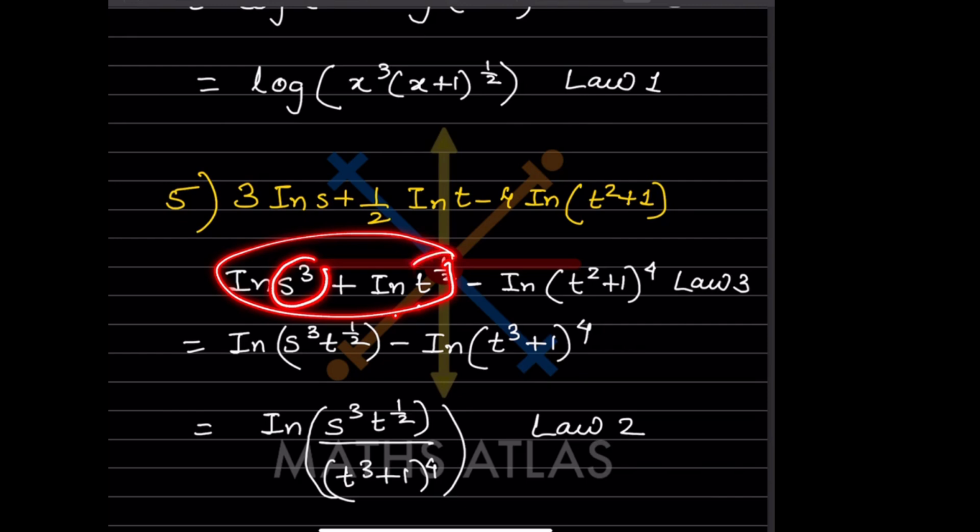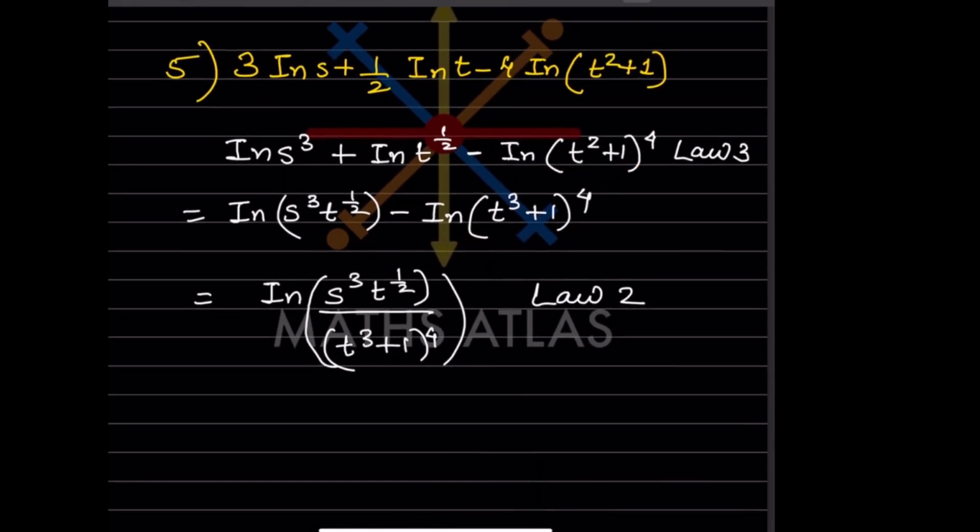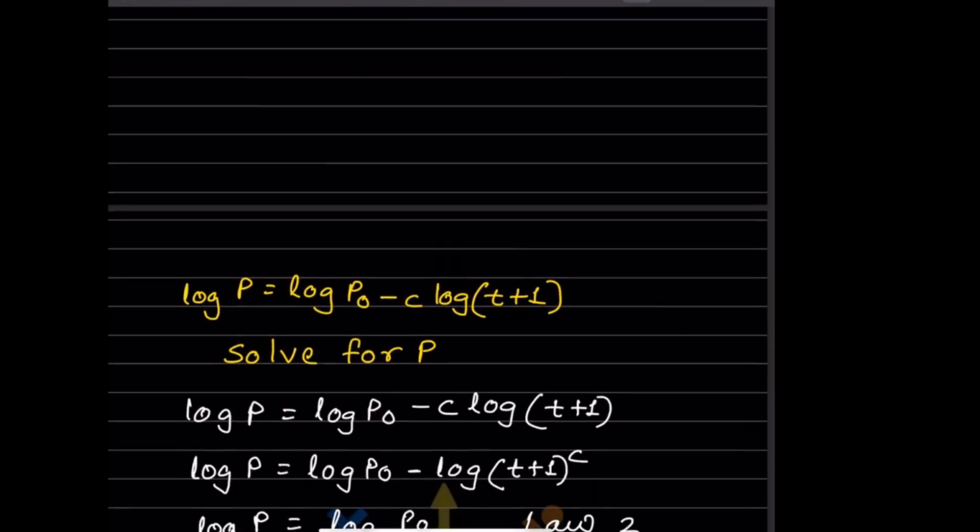So this into this one, ln is outside. Again for this one, we keep this whole part the same. Here this is subtraction, means it is going to get divided. So this divided by this part. So this is law 2. So this is the answer.